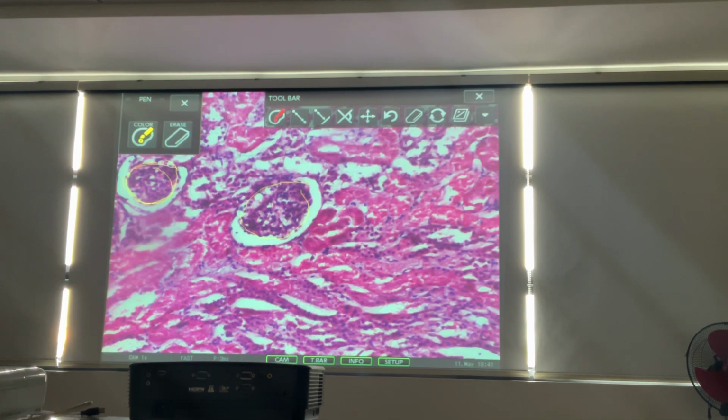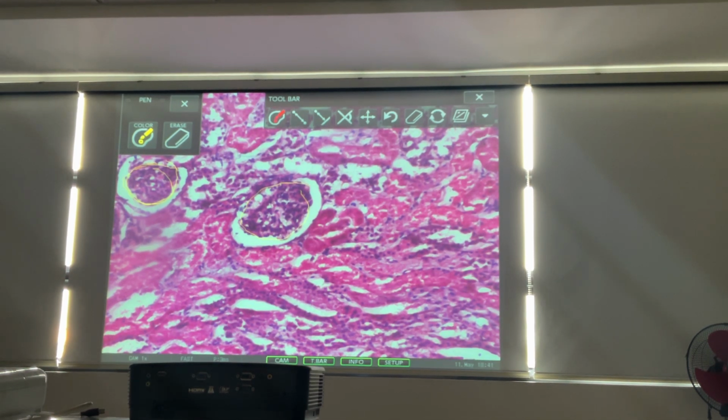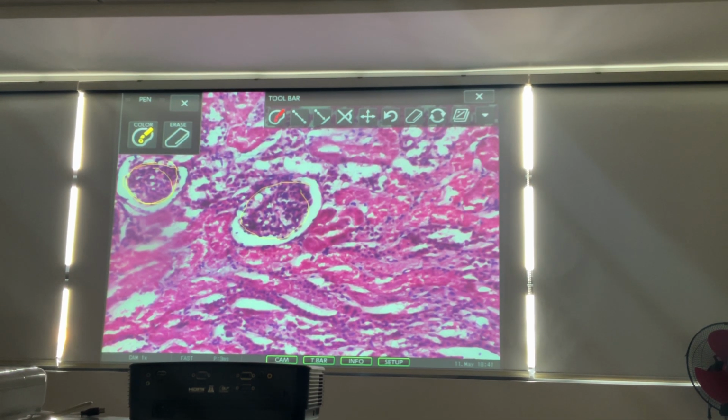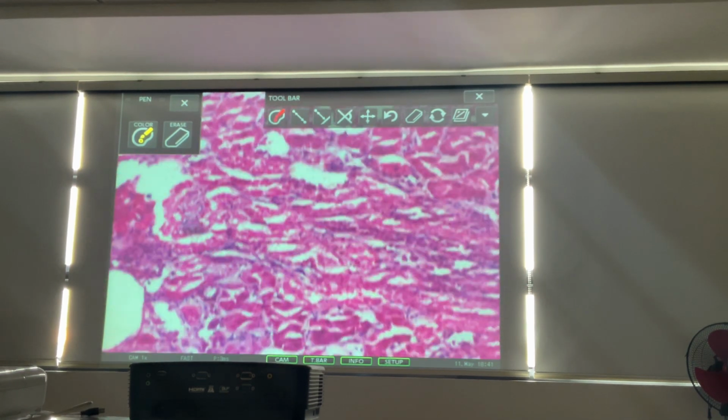So notice here the almost equal distribution of the cellular elements as a response to the hypercellularity. So that's global, the entire globe of the glomerulus. The term diffuse means all the glomerular structures in this diseased kidney will show you the pathology.